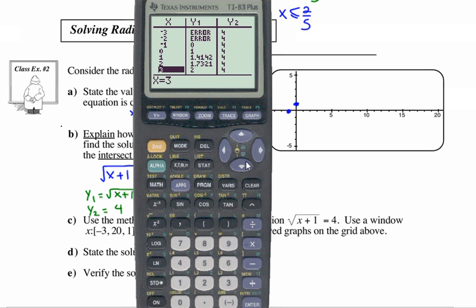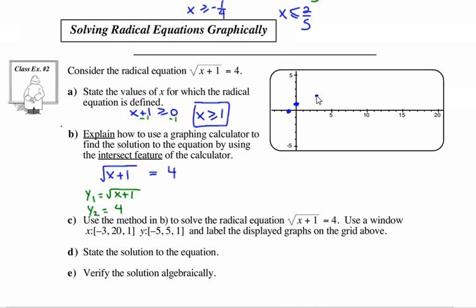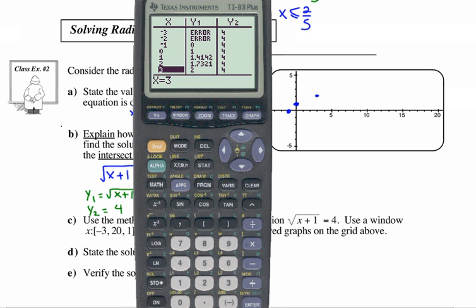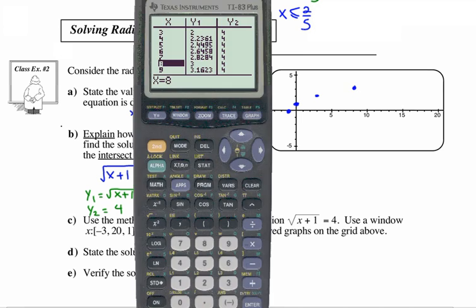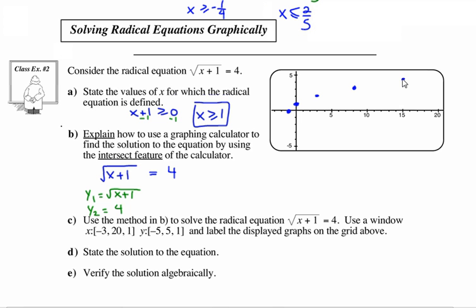Let's get as many nice ones as we can. Let's go down and see our next one. Here we go, 8 and 3. And there it is, 15 and 4. So there's my graph.